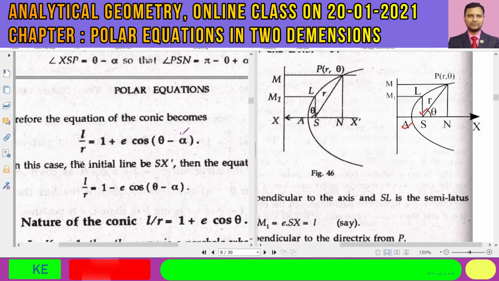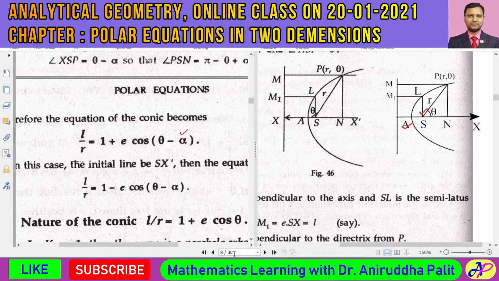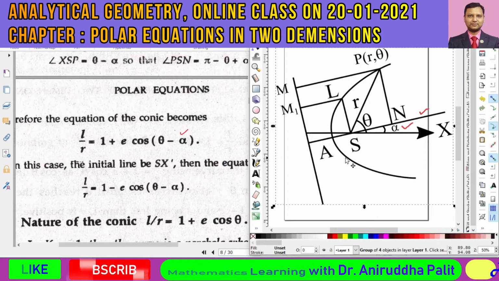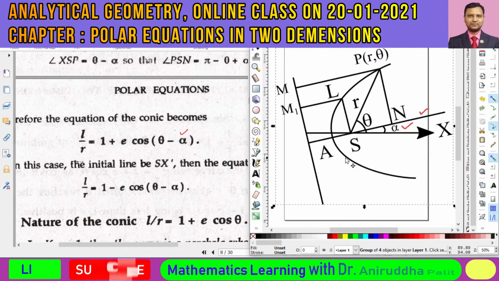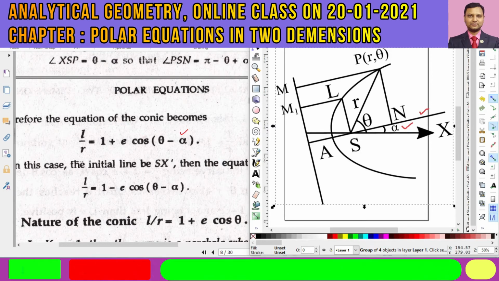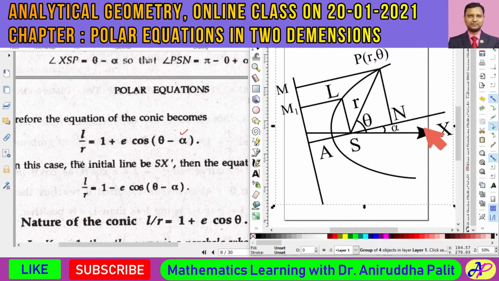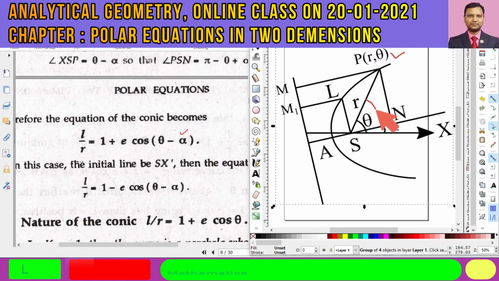No, they have taken this as alpha. Okay, fine. So we can continue with this picture. In this picture, this angle is alpha and this theta is the vectorial angle.